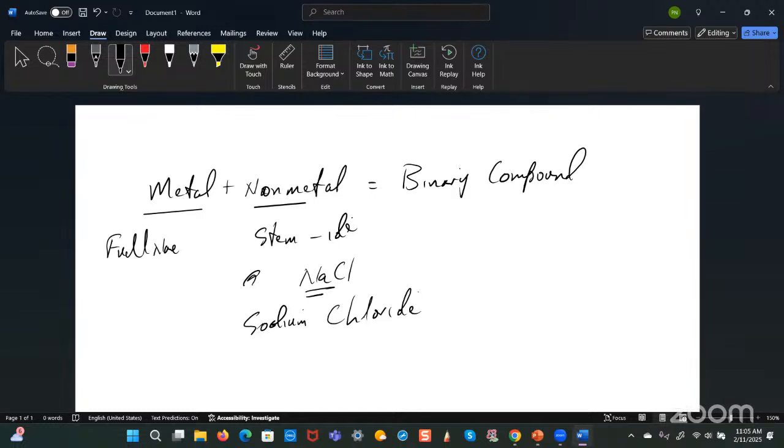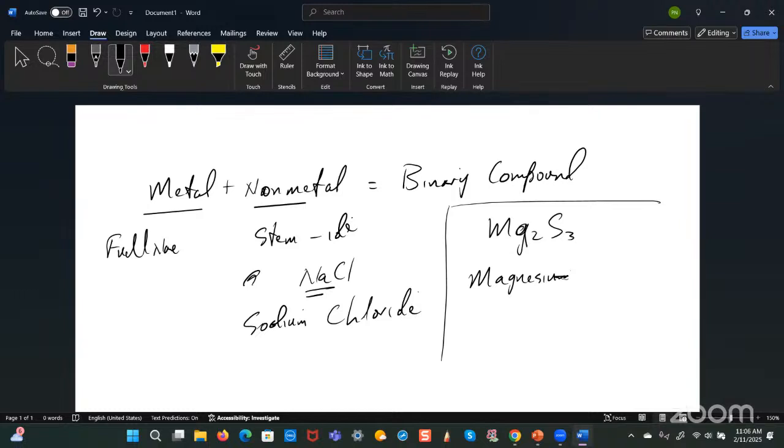Here's another example. Suppose you're given this formula here, Mg2S3. The name of this compound is magnesium. The metal part, by the way, will always be first, and then the non-metal part afterwards.